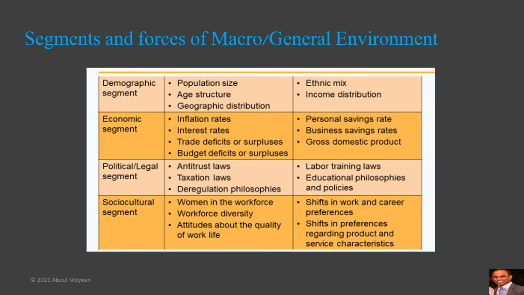The tables in this and the next slide list the forces in various general environmental segments. For example, these are demographic segments. Some of the variables in there are population size, structure of and geographic distribution of people or population. Now, economic segment: inflation rates, interest rates, trade deficits or surpluses, budget deficits or surpluses.